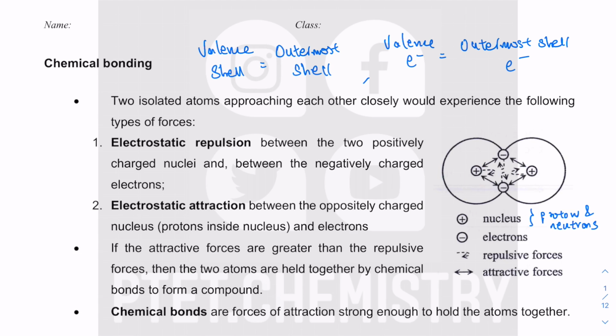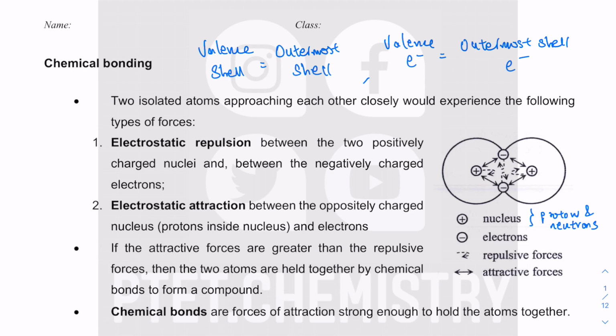That is basically what these statements are saying. There is repulsion between the two positively charged nuclei, and repulsion between the negatively charged electrons. Of course, we get attraction between oppositely charged particles, so the protons inside the nucleus are attracted to the electrons, which are negatively charged.